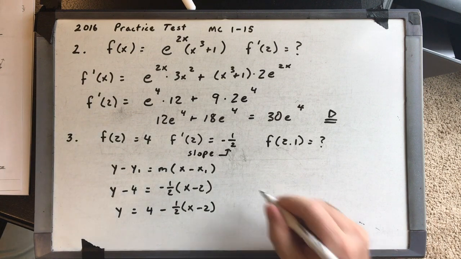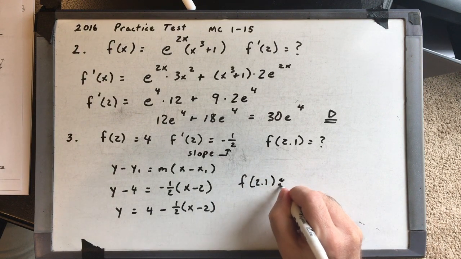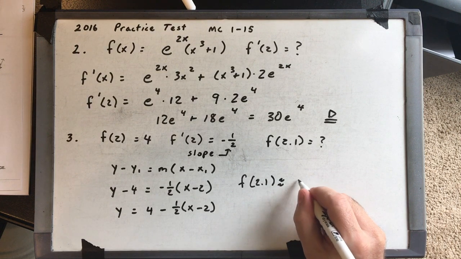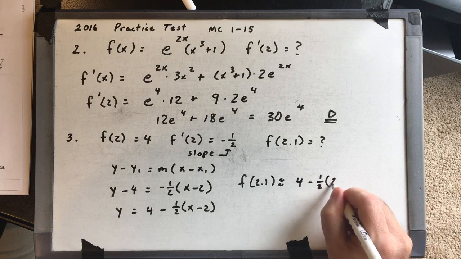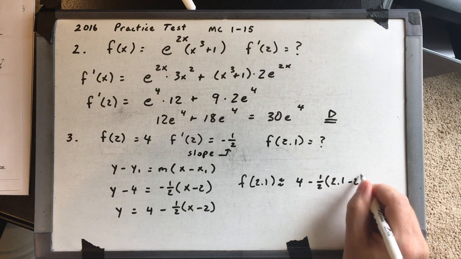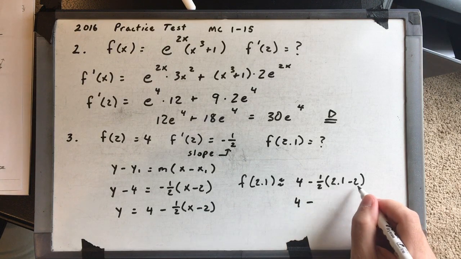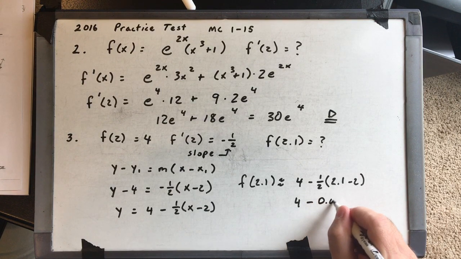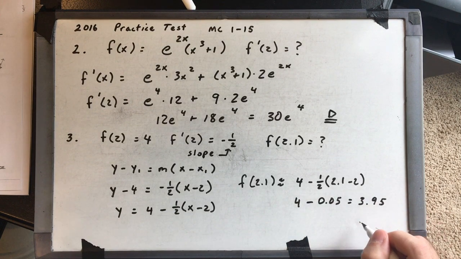So f of 2.1 is going to approximately equal 4 minus 1/2 times 2.1 minus 2. So that's 4 minus 1/2 times 0.1. So 4 minus 0.05, which is 3.95.